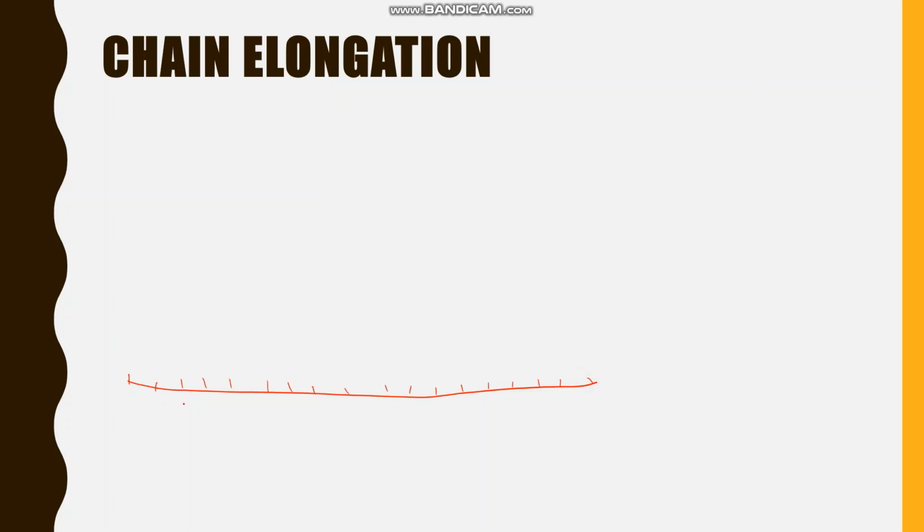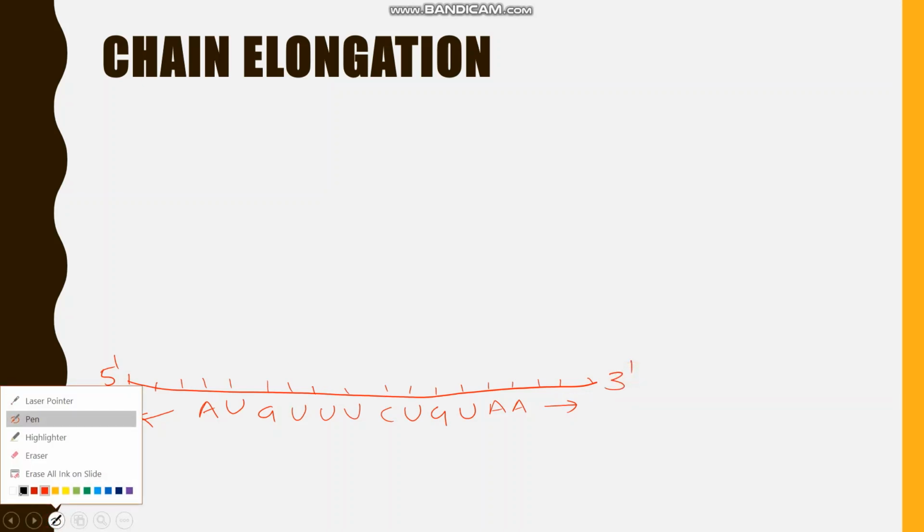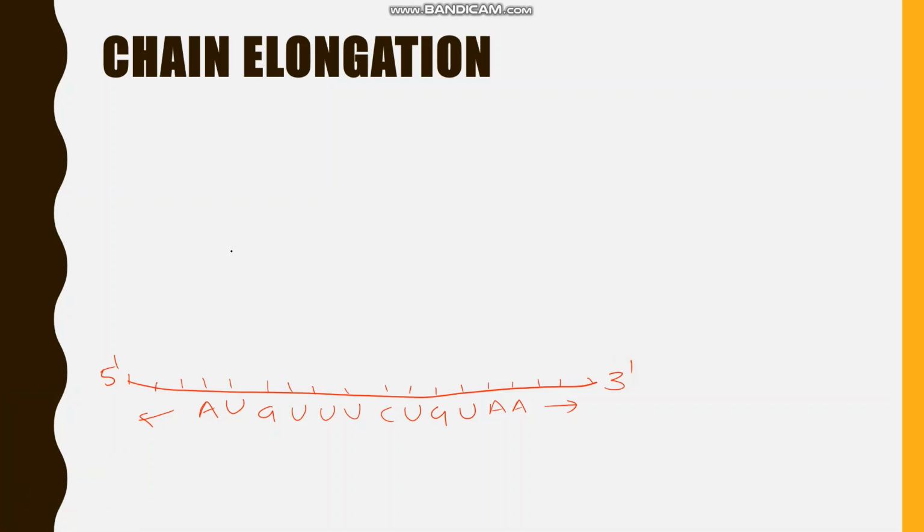So we have written AUG here, followed by UUU, CUG, UAA, and it will continue, as well as AUG is preceded by some nucleotides, and this is a 5' end and this is a 3' end. So already the initiation has begun. Initiation is begun. Now the elongation takes place.